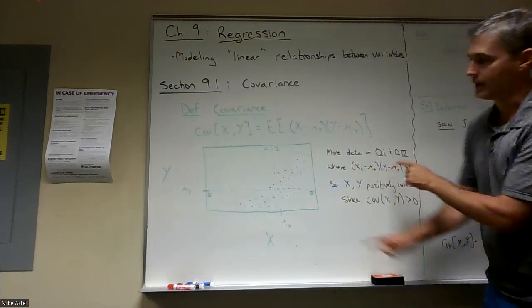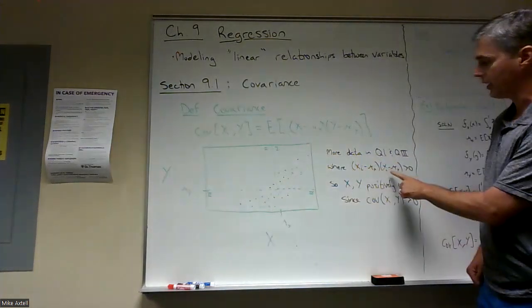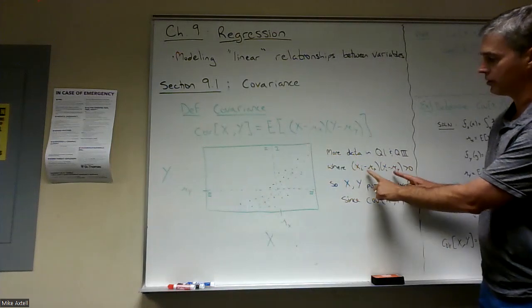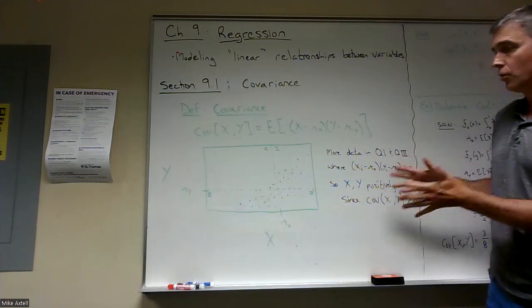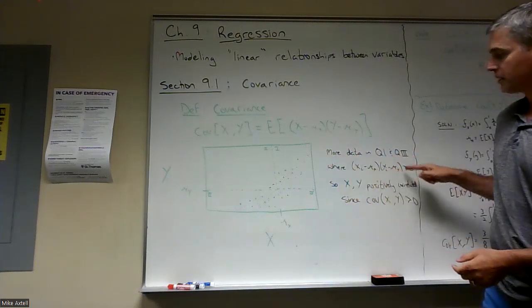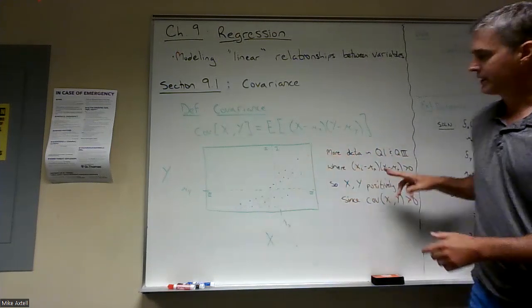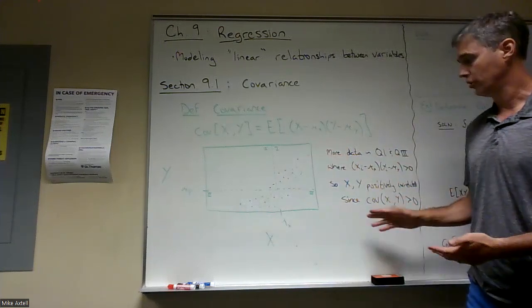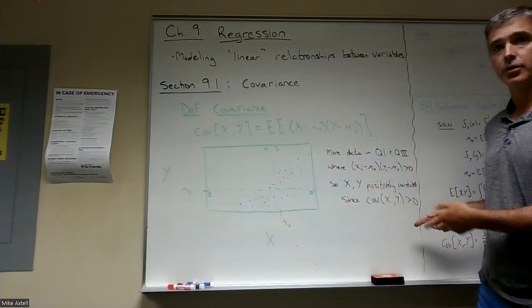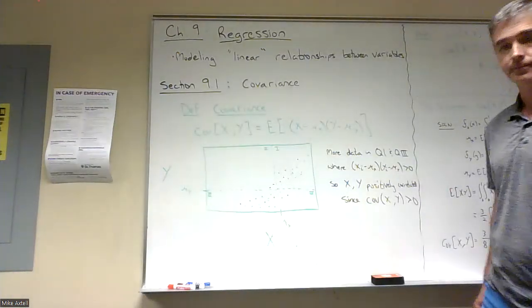And the yi's in quadrant 3 are less than mu of y, so this is negative as well. So the product of those two negatives is also positive. And so this product throughout all the data tends to be positive, so you'd expect its value to be positive as well. And that's what the covariance is capturing.